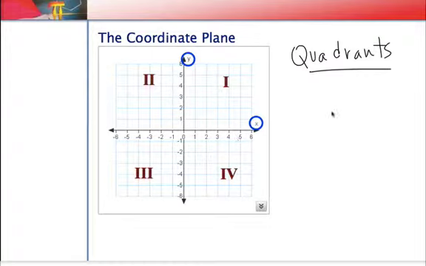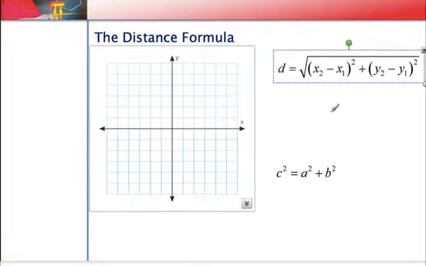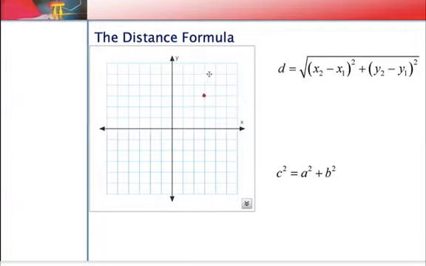So let's start by talking about the distance formula. In the coordinate plane, we can represent any point using x and y coordinates, right? It doesn't really matter exactly where this point is, but if I had one point here, and we called that point x1, y1, in other words, the x coordinate of the first point and the y coordinate of the first point.